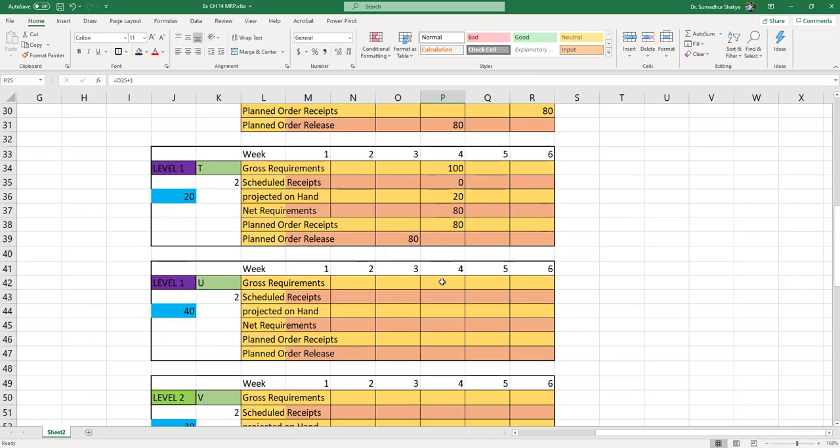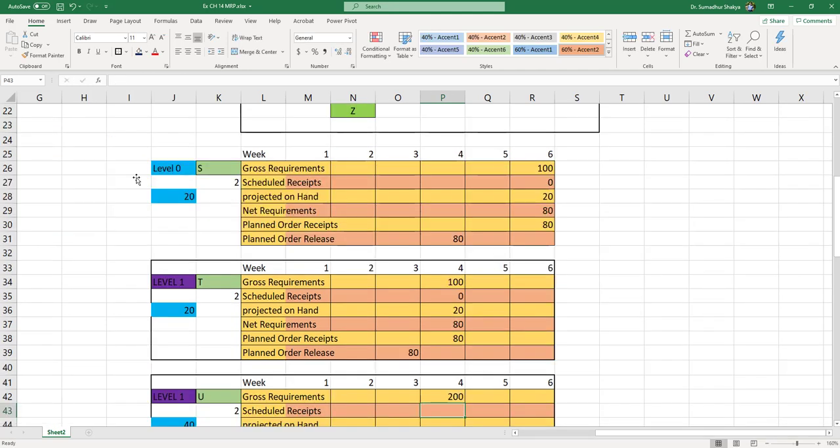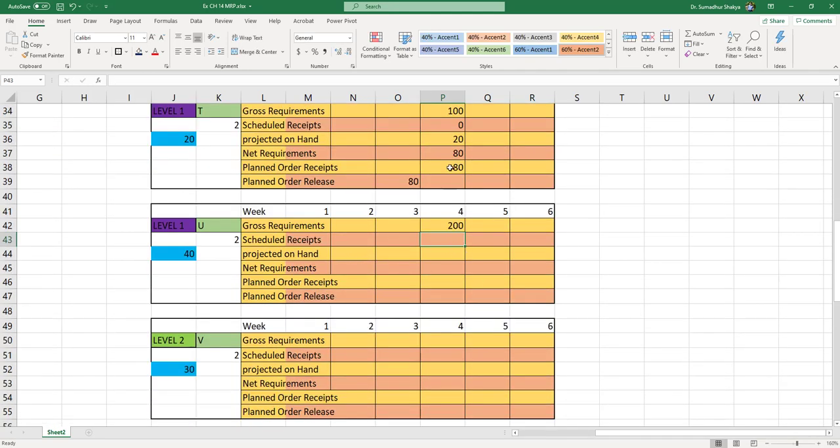So let's come back here, equal to 200 units of U. Now scheduled receipts we don't know, projected on hand is 40. Net requirement therefore is going to be gross requirement minus scheduled receipt minus projected on hand.